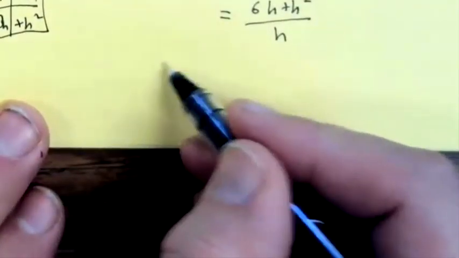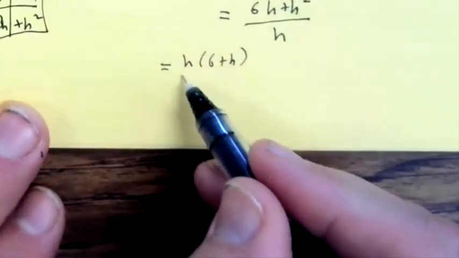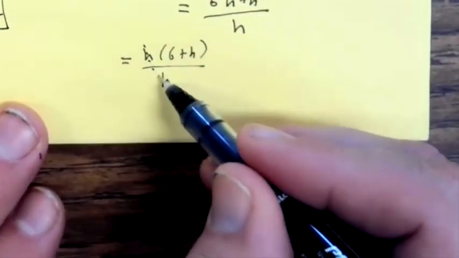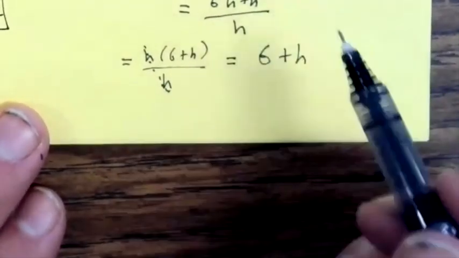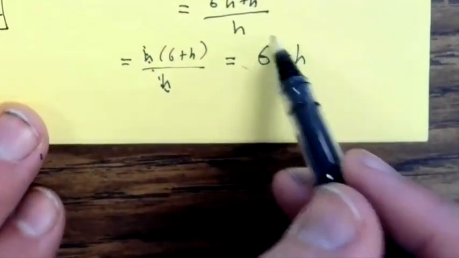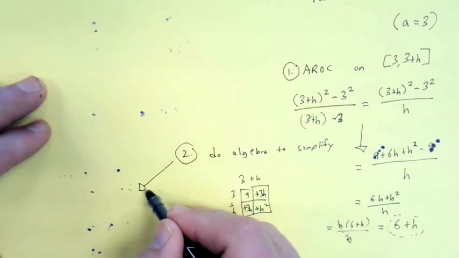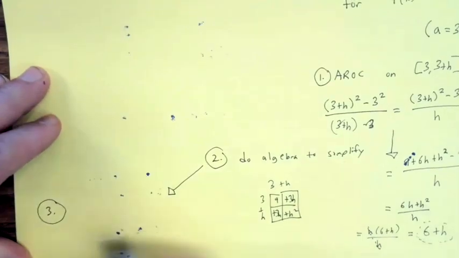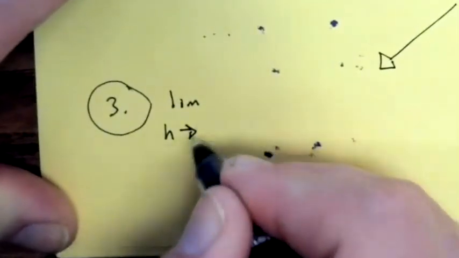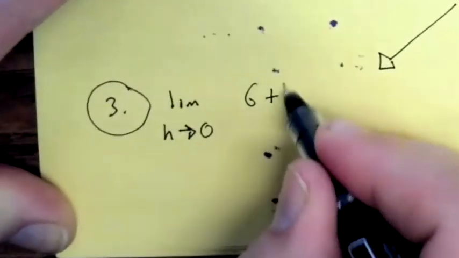Factor out the h. Get h times 6 plus h over h. Cancel the h's. And now we are at the end of step 2, and we have our formula, which is 6 plus h. So finally, step 3 is take the formula from step 2 that's simplified as much as possible. We're going to take the limit as h approaches 0 of 6 plus h.